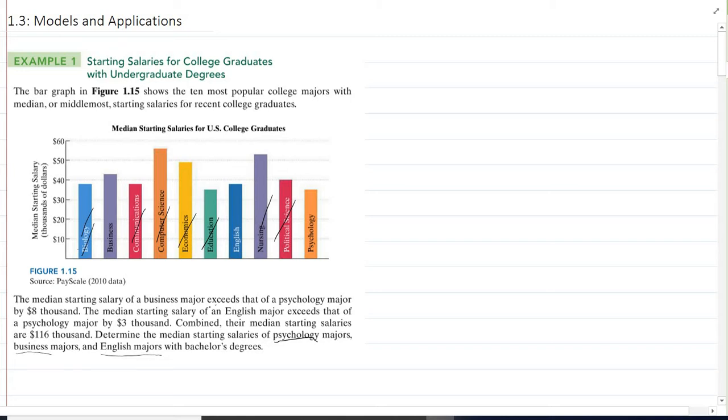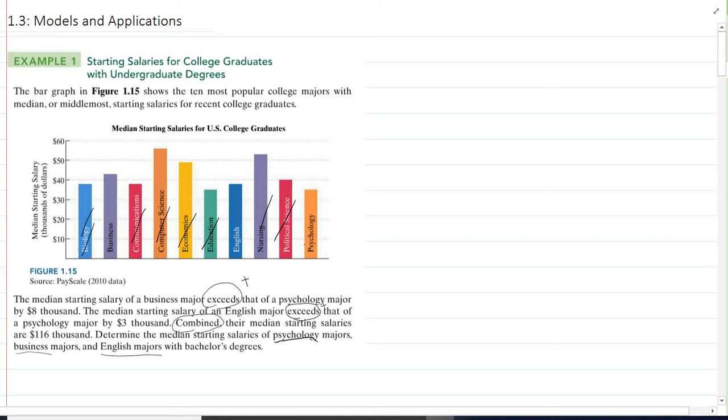So when we see this word exceeds, if we translate it to math, that will be a plus sign, right? Then we also have another one here, and that's another plus sign right here. Then we look at combined, so we can translate it into add everything together, correct?